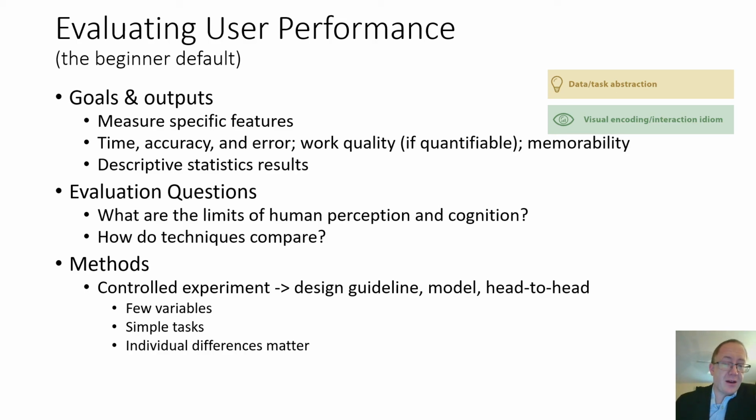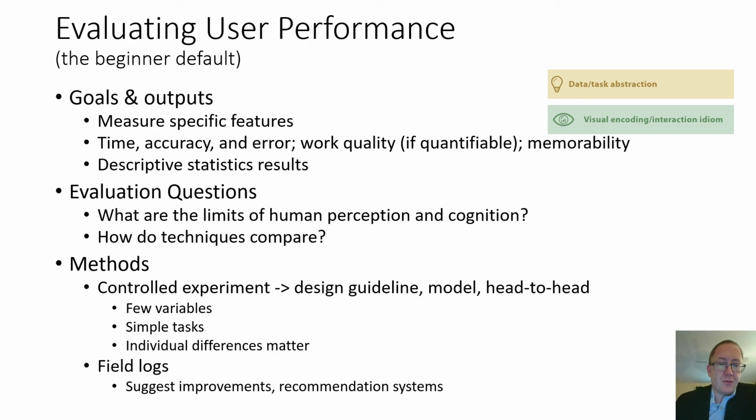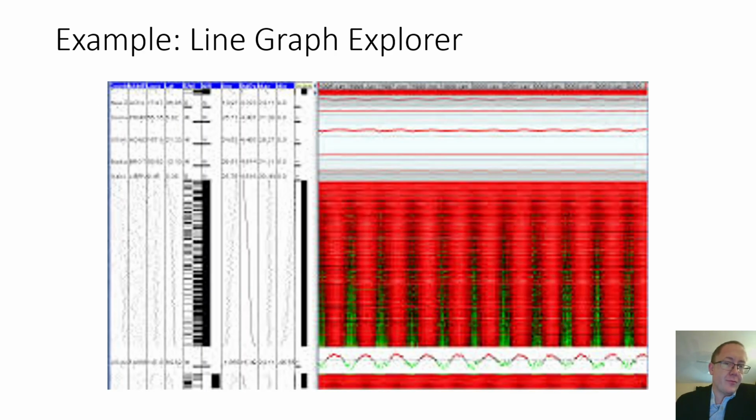Individual differences matter between the people, but then you try and get rid of that either with between-subjects or within-subjects designs. But there are ways of working around individual performance differences. You can also do field logs, looking at how people actually do this in the real world. So this is a line graph explorer. I don't even remember what all of this was, but this was a study I did when I was a participant at UBC.